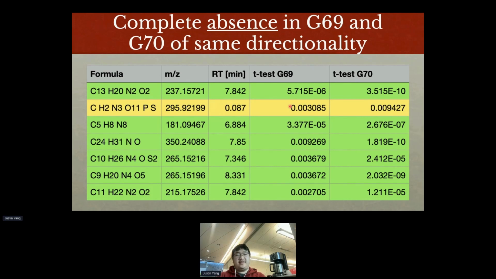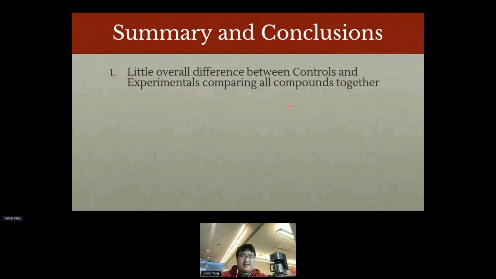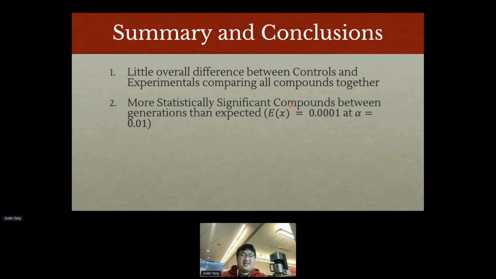So ultimately, at the conclusion of our preliminary analysis, we came with 4 different conclusions. One is that there's little or no overall difference between controls and experimentals. Two, that there are more statistically significant compounds between generations than what we would expect, even in the previous slide, that of generation 69 and 70.